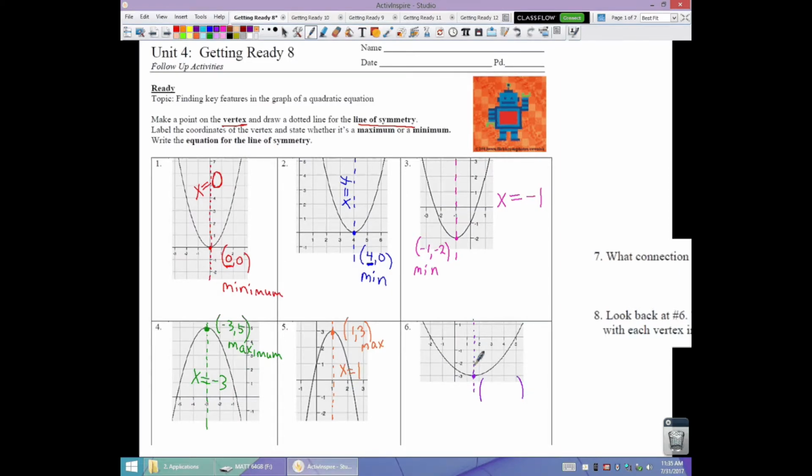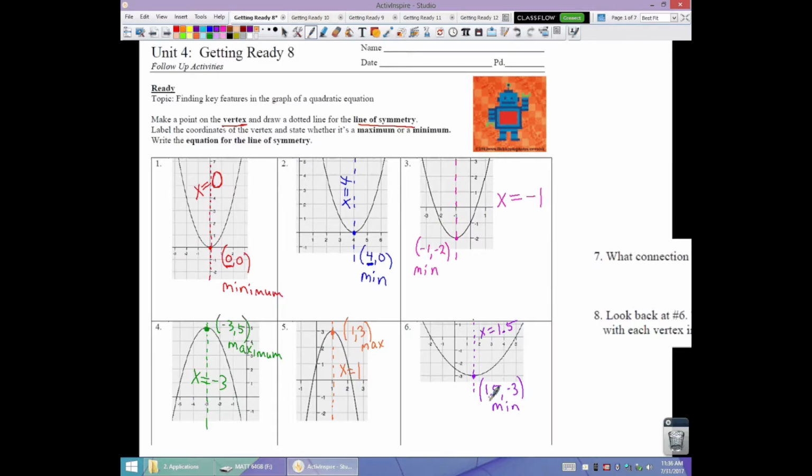It looks like it's about 1.5, and then the y coordinate is -3. It is definitely a minimum since it's at the bottom of the parabola. And then your line of symmetry, again, you are making an estimate for this x coordinate, so that same number should be used to say it's x equals, for me, 1.5. If you used a different estimate than 1.5, your line of symmetry should match that.